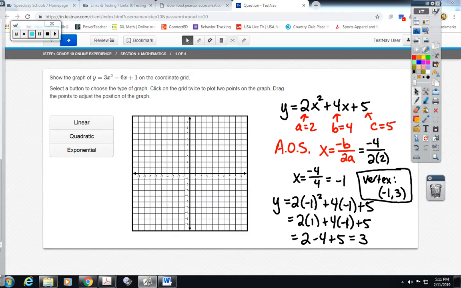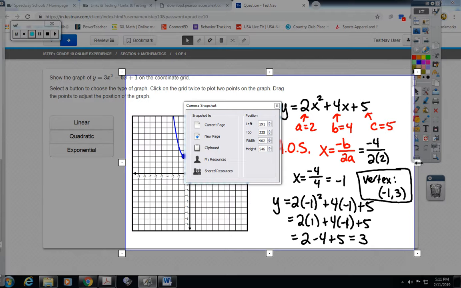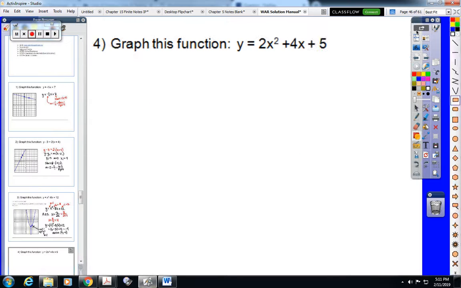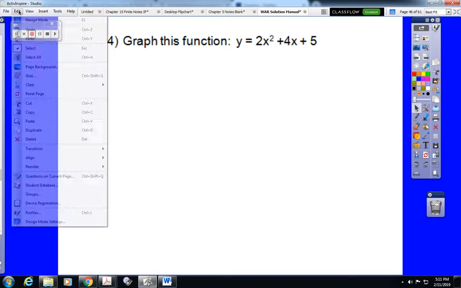Okay, so we're going to click over here on quadratic and move our vertex, the bottom point here, to negative 1, 3. Now again, from there, we're going to go out 1 and then up a. So since a is positive 2, we go out 1 and up 2, drop that point, and that is our parabola. So there's our final picture there.